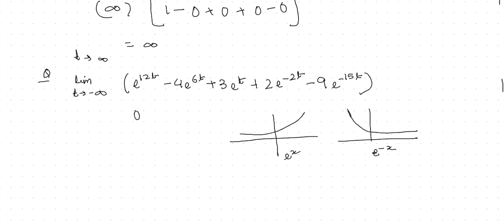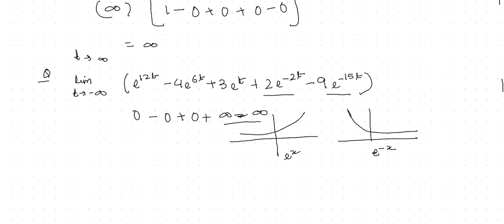But the negatives, they give us infinity. These two are infinity when the exponent is negative. So we want to get rid of these problems.